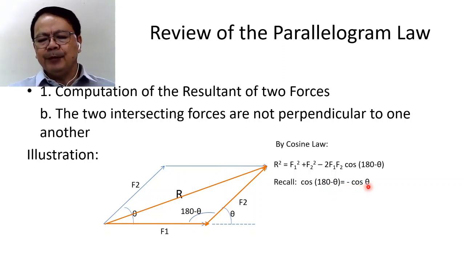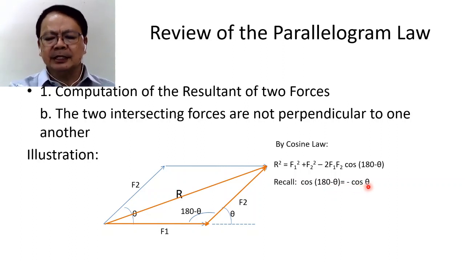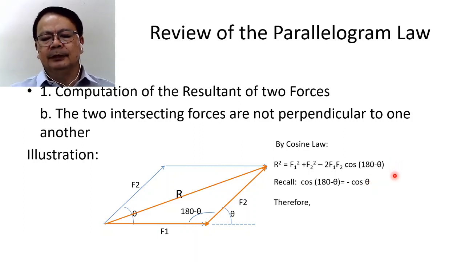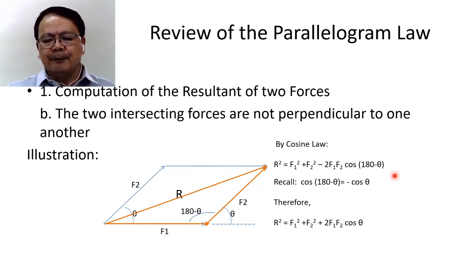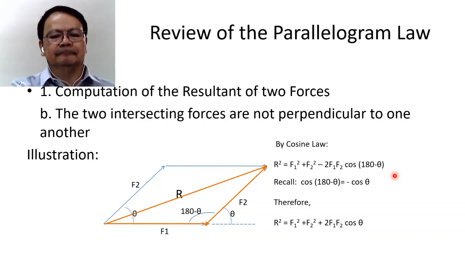So if that is simplified and substituted in the first formula, then we shall have our formula for the computation of the resultant: r square equals f sub 1 square plus f sub 2 square plus twice the product of f sub 1, f sub 2 times cosine of the angle theta. That gives you now the magnitude of r, or the resultant.